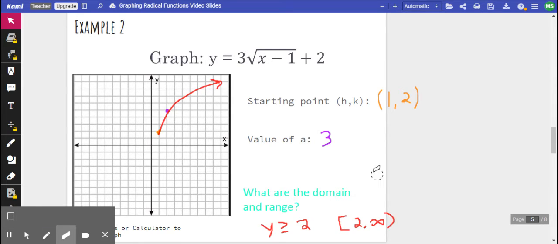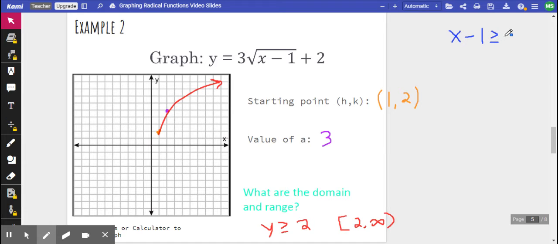To wrap this up with our domain, if we need x minus 1 to be at least 0, we can write it as an inequality. So we just write that x minus 1, the part under the square root, needs to be at least 0 to make our number a real answer.